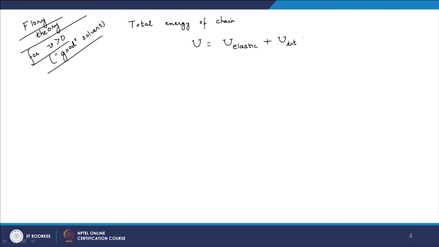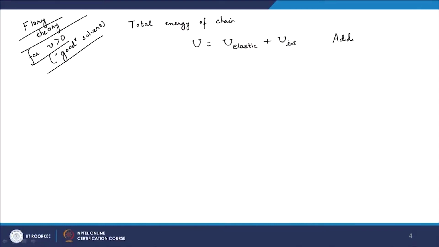Now there is a small detail here: whenever we say that the energy is the sum of the two contributions, we are actually making an approximation known as the additivity approximation, which is again not rigorously valid.